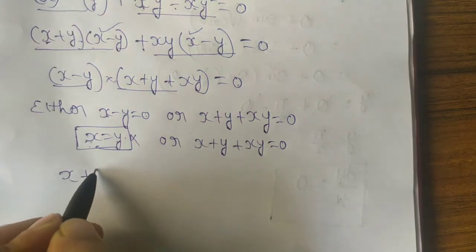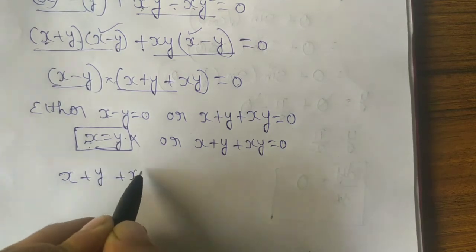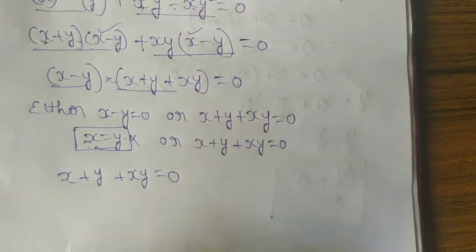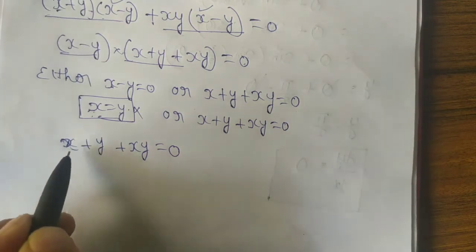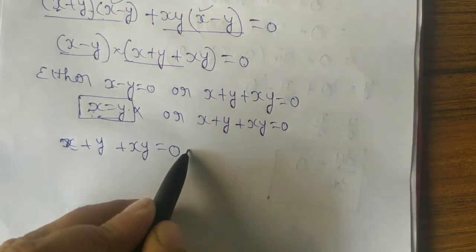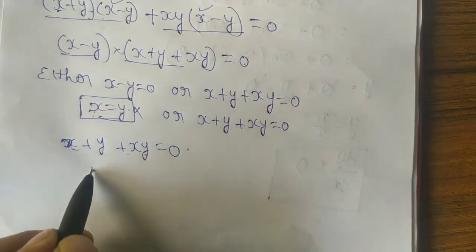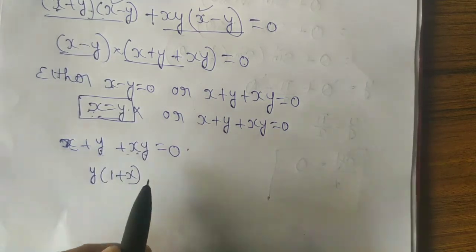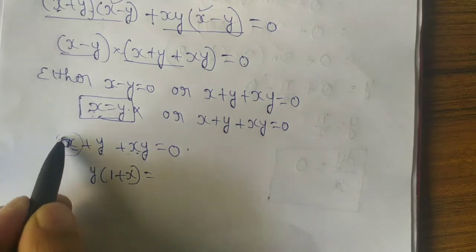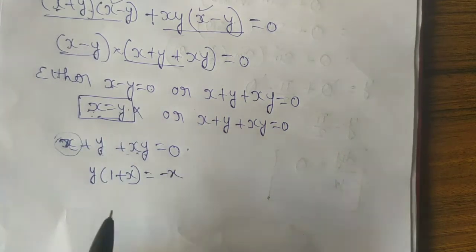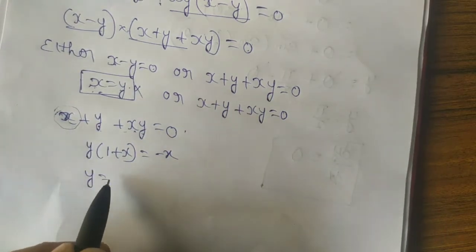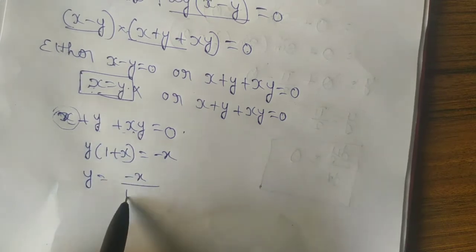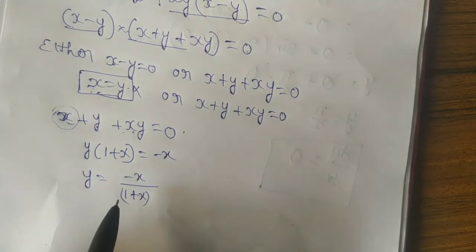So it is x plus y plus xy equal to 0. From here we will transfer this x to right hand side, and we will take y common from here. So it is y into 1 plus x is equal to, we have transferred this x to this side, so it becomes minus x. So y is equal to minus x upon 1 plus x.